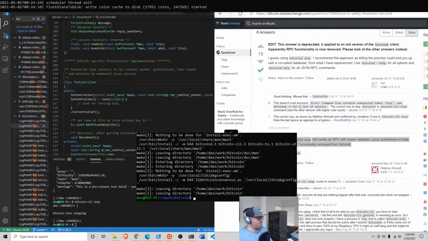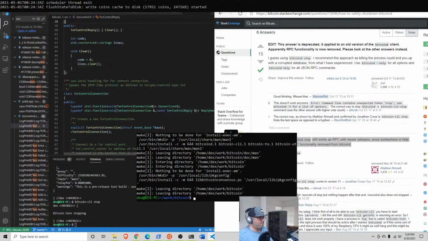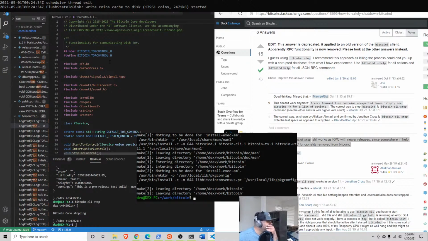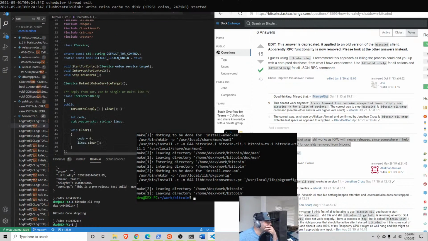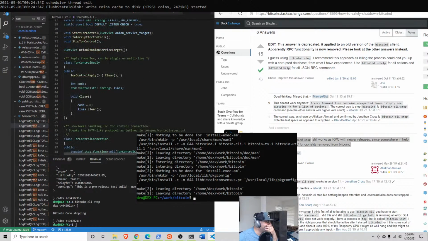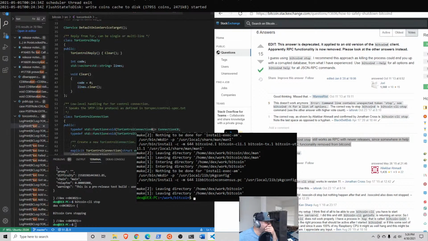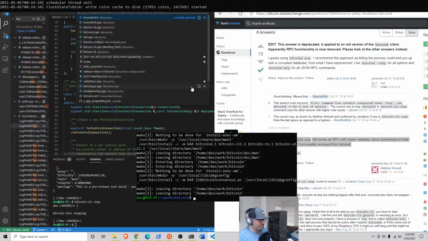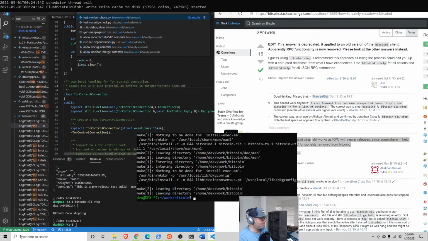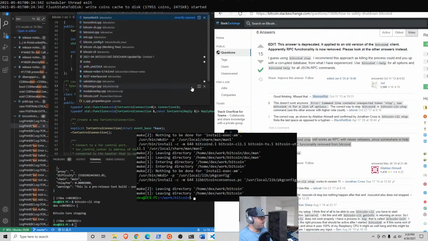Tor control, let's see. Control spec.txt.